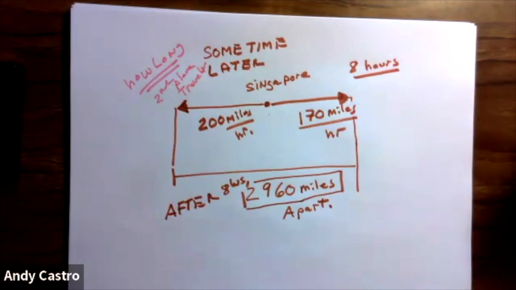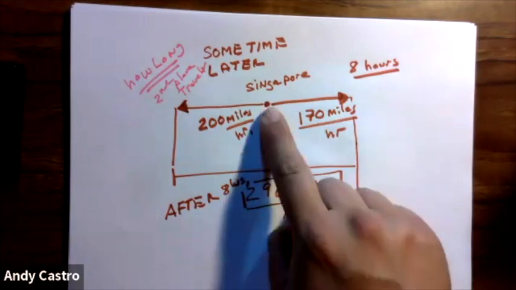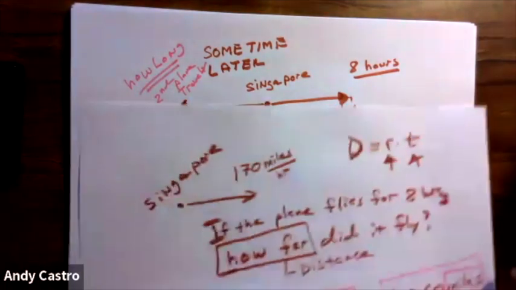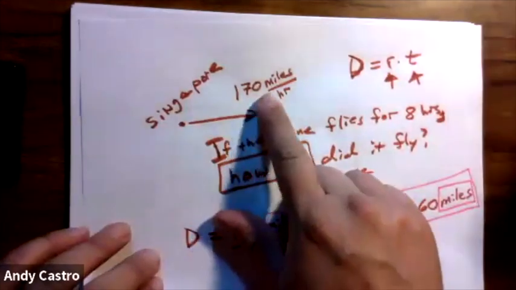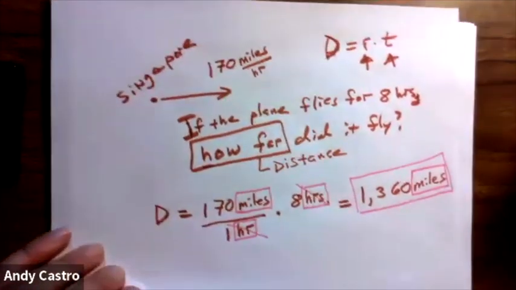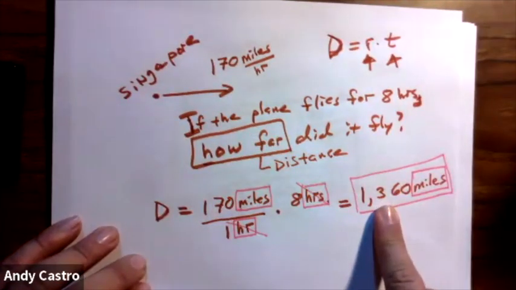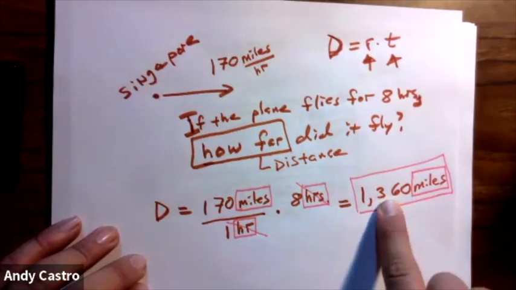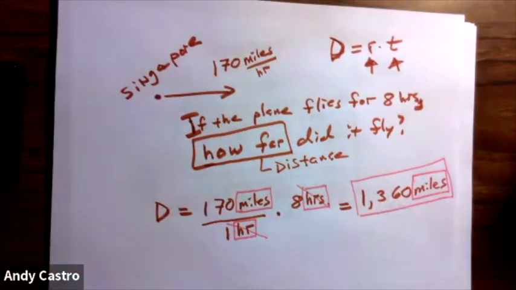All right. So we're going to have to do some investigative work here. We know that the 8-hour flight from Singapore for this guy going 170 miles an hour, in 8 hours he flies 1,360 miles.